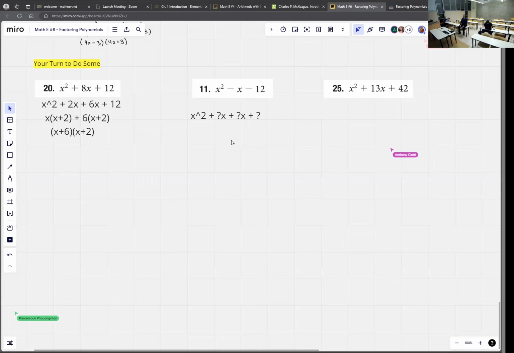What are you thinking about for the two numbers? 1 times -12 is -12. And the middle number is going to be -1. You need two numbers that add up to -1. A 1 and a -12, or a -1 and a 12, those are too far away from each other.